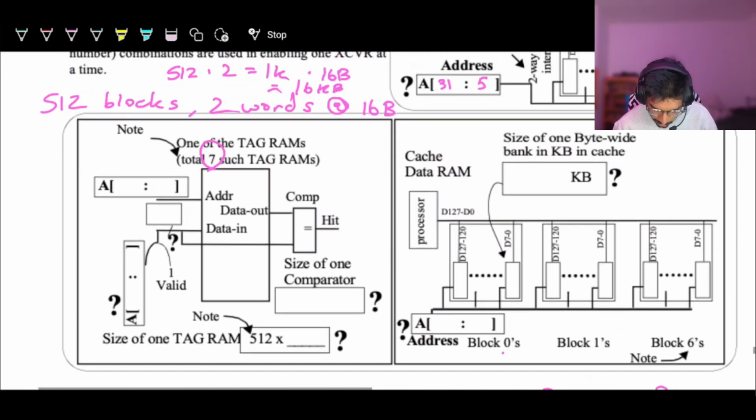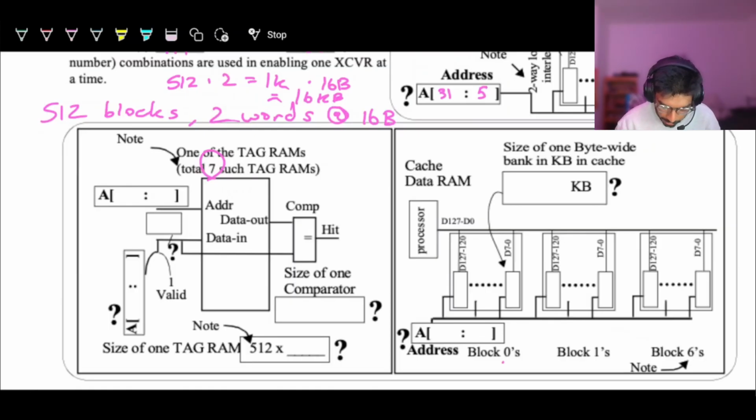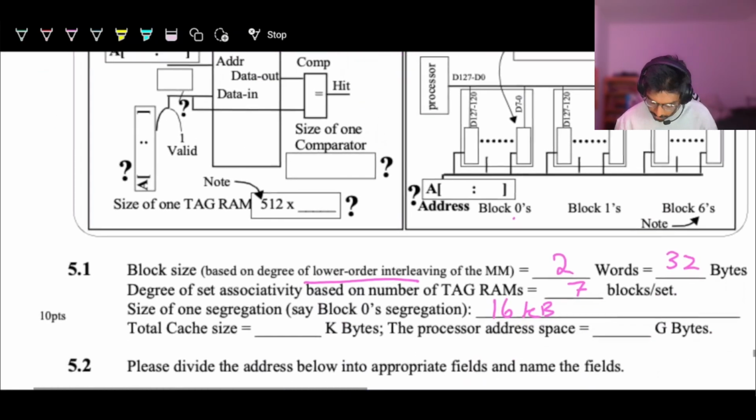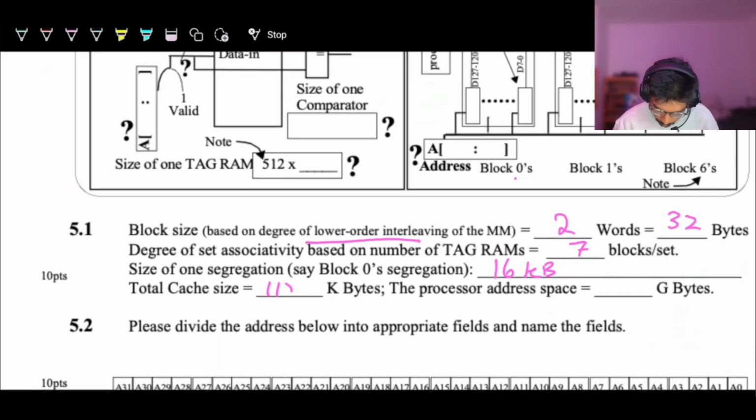So now our total cache size is the size of our tagrams times how many tagrams we have. So we already said that that was 16 KB times 7, which is our degree of set associativity, which is 112. So we have a total of 112 kilobytes of total cache size.